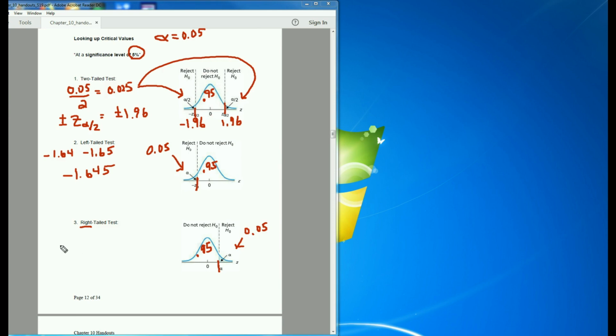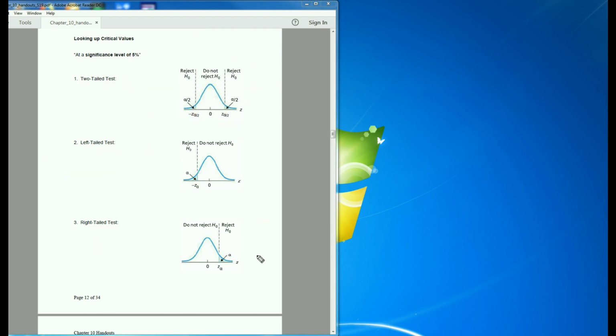Okay, so in this case, the critical value is going to be positive 1.645. All right, I'm going to erase this and move on to the next page.